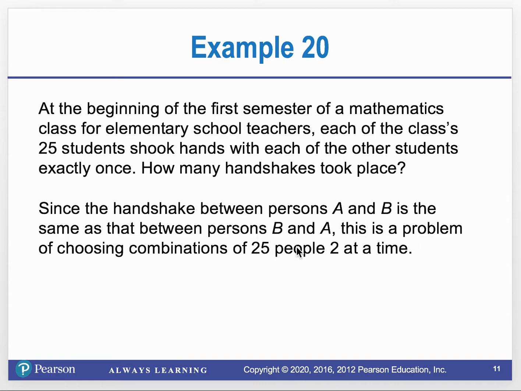So it's 25 people taken 2 at a time. I just have 25 people, and I'm going to choose 2 at a time to shake hands. So that's 300 different handshakes that are going to happen if everyone shakes each other's hands once.